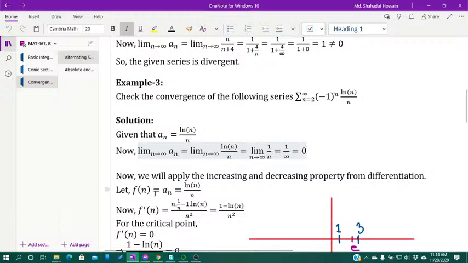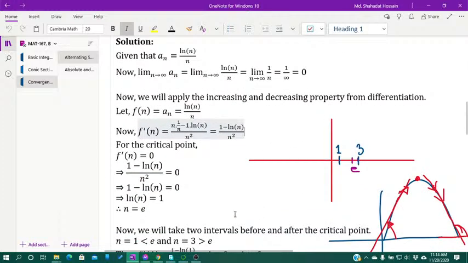So consider f of n equals ln n by n. So f prime n equals this function, and this would be obtained.